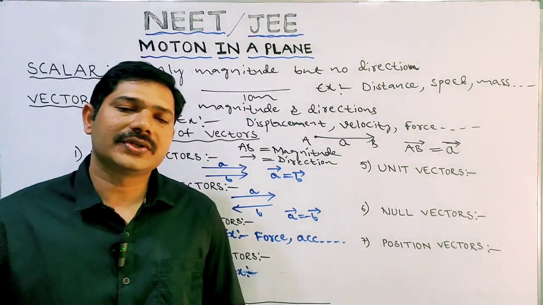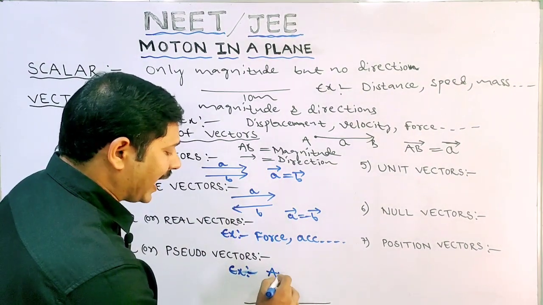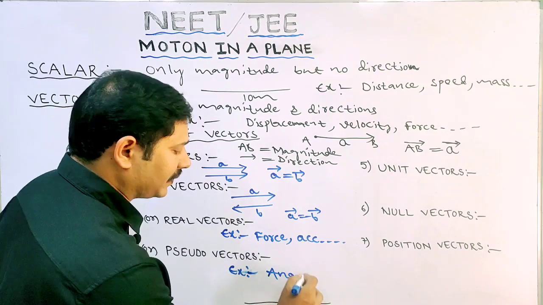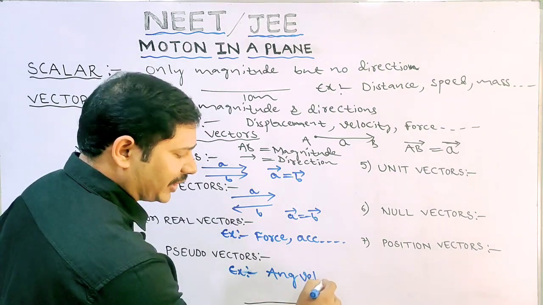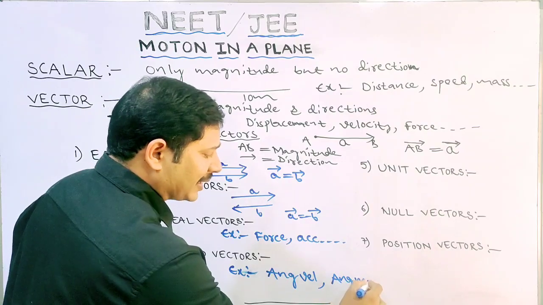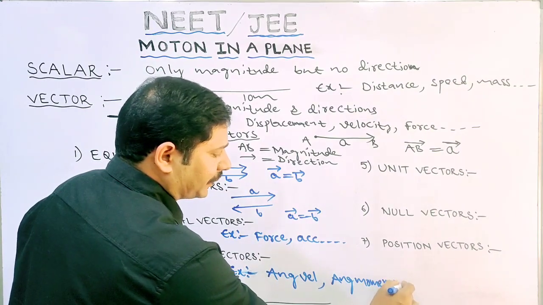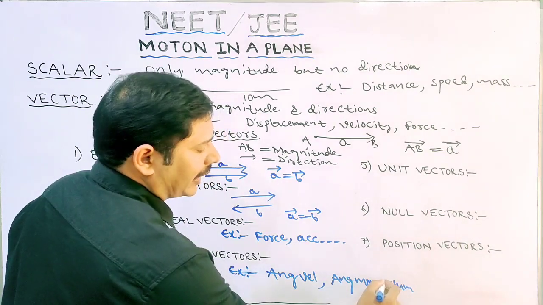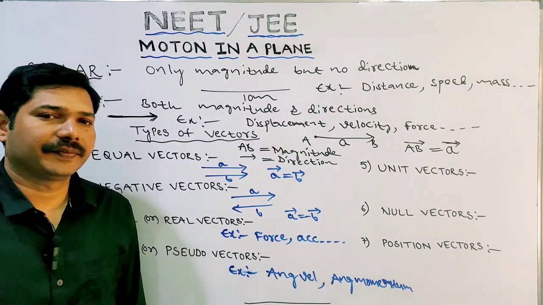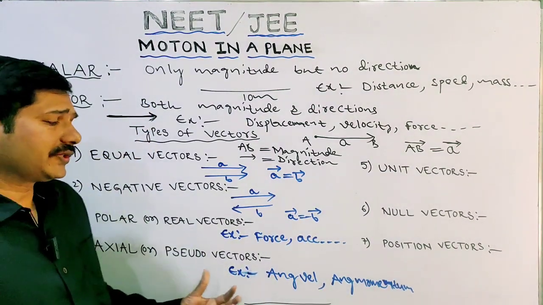Examples you can take: angular velocity, angular acceleration, or angular momentum. So these are the axial vectors, or pseudo vectors.